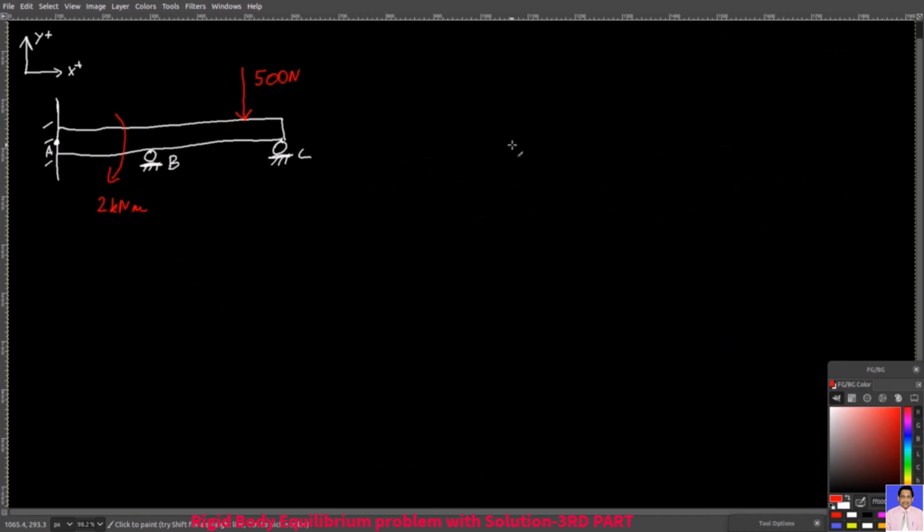In this video, I would like to point out a couple of things. When we had a 2D equilibrium problem where we had to find the reaction forces and moments, we ended up with three conditions: the sum of the forces in the x direction, the sum of the forces in the y direction, and the sum of the moments about some point.